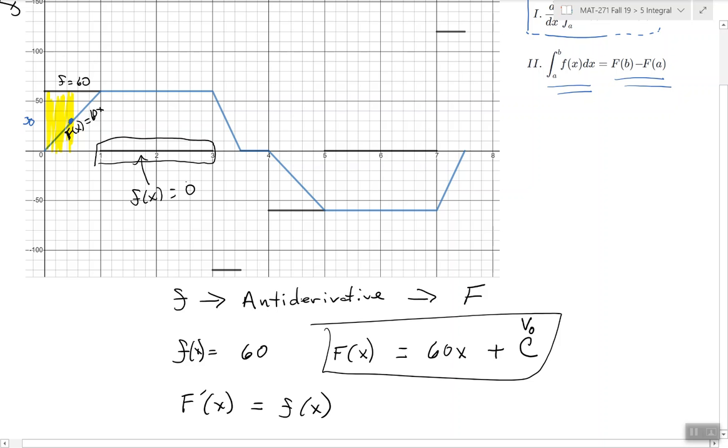What does big F have to be to give us 0 as the derivative? Well, any constant, right? So if big F of x is c, then for any constant, f prime of x is little f, which in this case is the constant function 0. So it could have been any constant.